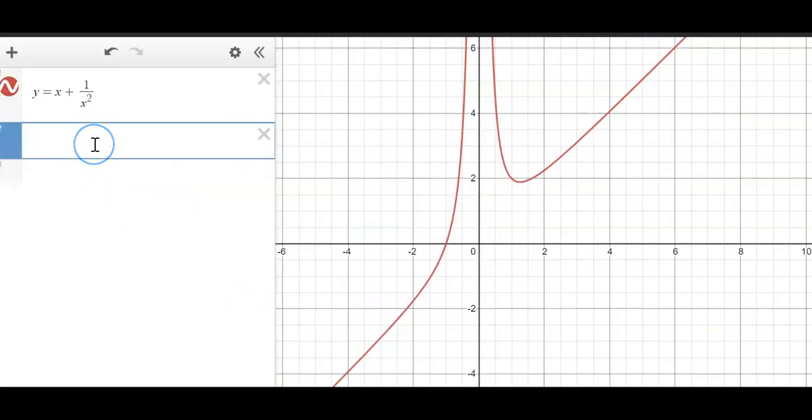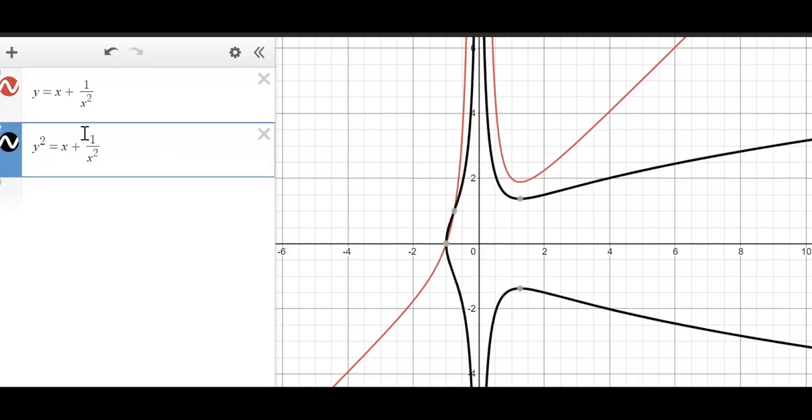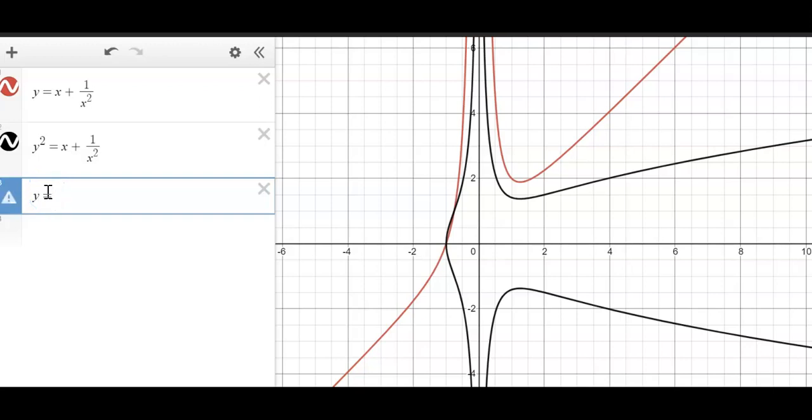And let's check how I did. So we got y equals x plus 1 over x squared here. So y squared equals x plus 1 over x squared. And so pretty much y equals square root of x. Make it green.